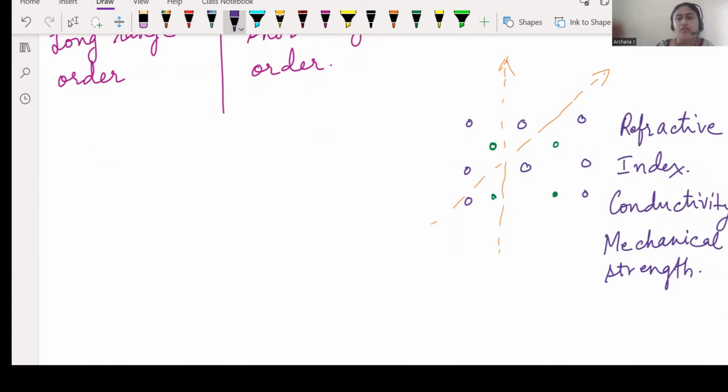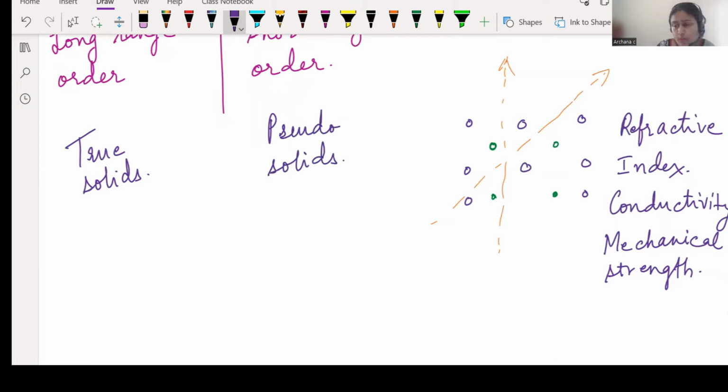That is, they are anisotropic, not same in all the direction. Whereas for amorphous solid, which is disordered solid, which is also known as pseudosolid. So these are basically known as true solids, whereas amorphous solids are known as pseudosolids. They are isotropic in nature.